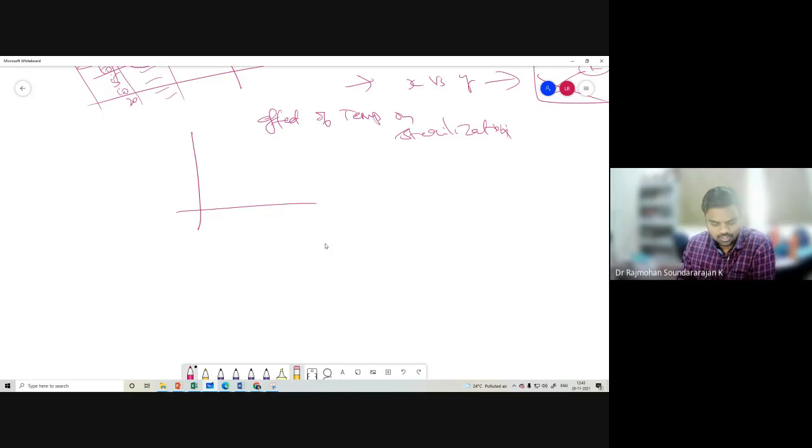I am discussing this: when you have a plot of N by N naught versus sterilization time, particularly for E. coli, sterilization time in minutes. Death kinetics, if you are studying, how it happens is, when the temperature is low or high, this is how obviously we can expect, right? It can change like this.